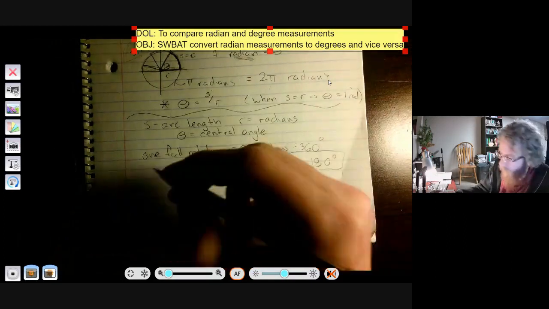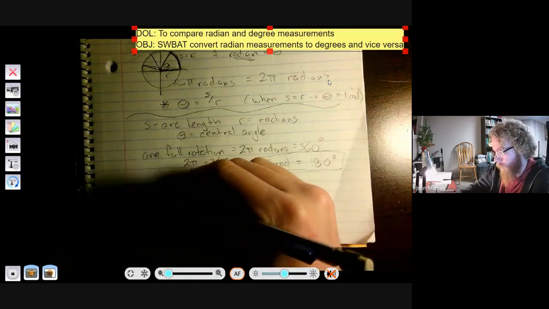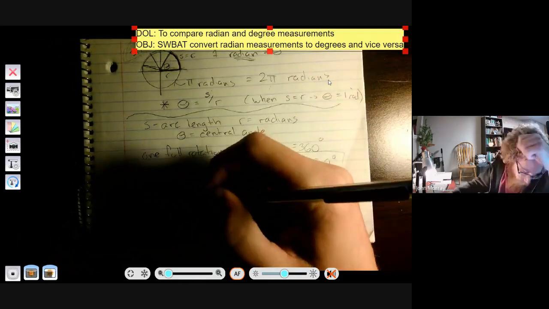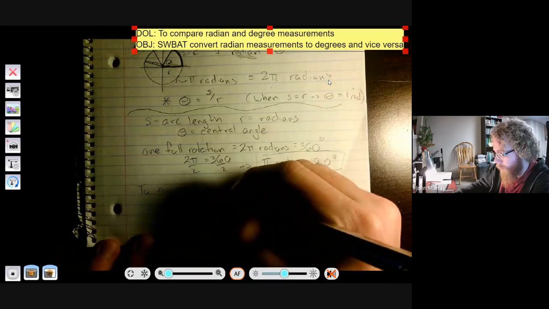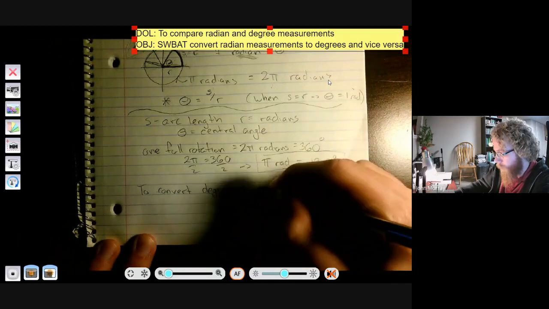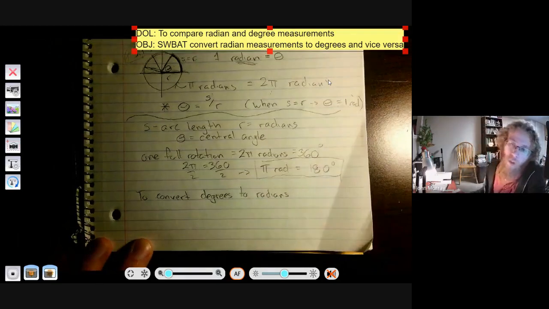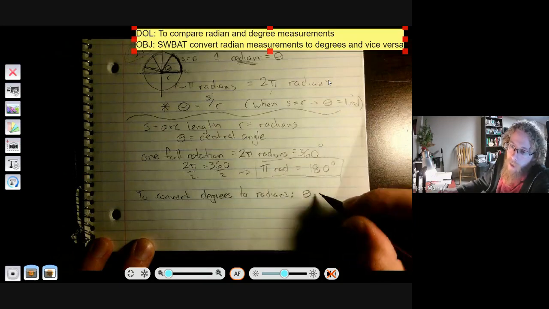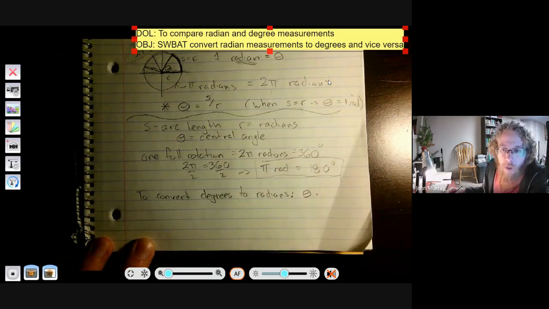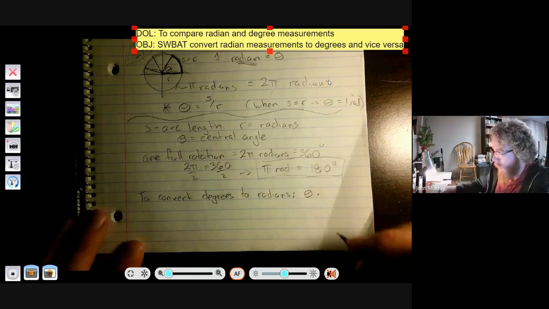So if I want to convert degrees to radians, I start with degrees. What I'm going to do is take my angle and multiply it by, well, I want to get rid of the degrees and make it radians.